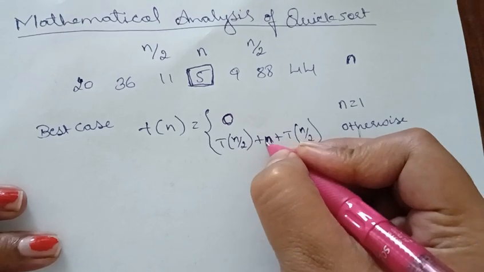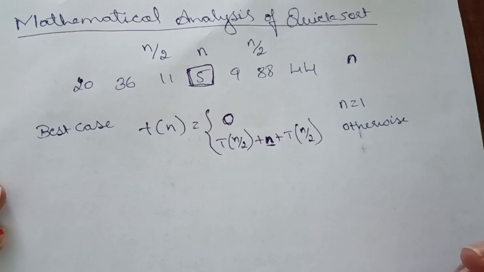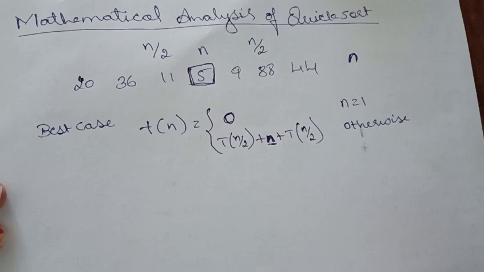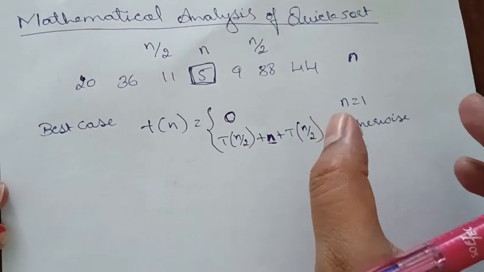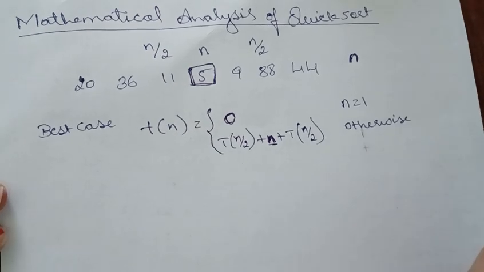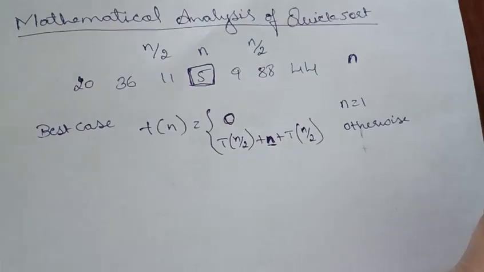This n is the pivot element. This is the general plan for quicksort. This is only for the best case. In this video I'm explaining only the best case. Next video I'll go with worst case and average case efficiencies.